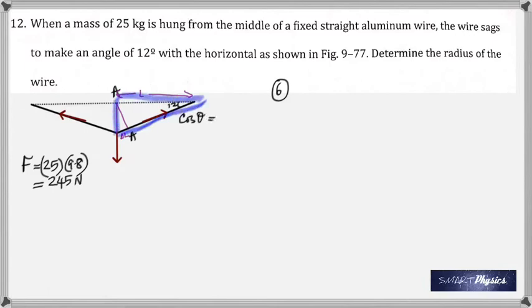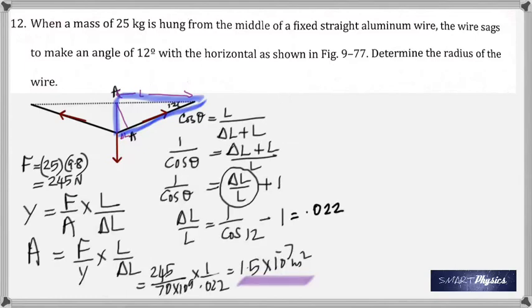That's again a right angle triangle. And cos theta, I'm taking this as theta. We know it's 12. Cos is adjacent by hypotenuse. So when you do that, let me show it to you. Cos theta is adjacent divided by this hypotenuse, which is L plus delta L there.